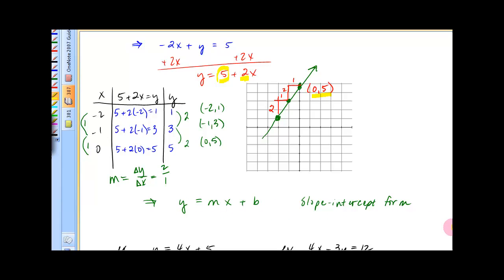We now call this the slope-intercept form. So y is equal to some number times x plus a constant. And in this case it was 5 plus a constant. And this is going to be our new equation that we're studying this lecture, called the slope-intercept form. And we're going to use that equation to be able to graph rather quickly.